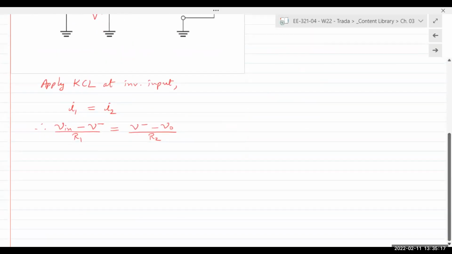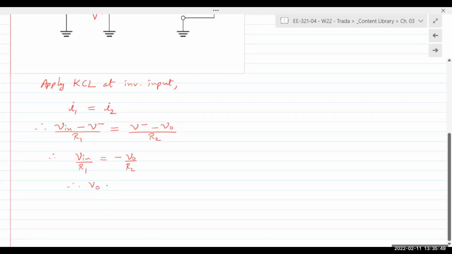We rearrange the terms. And we should get, let's see, V in minus 0 over R1 is equal to minus VO over R2. Therefore VO, sorry, not 0. This is VO. This morning's class, I was doing a lot of zeros.